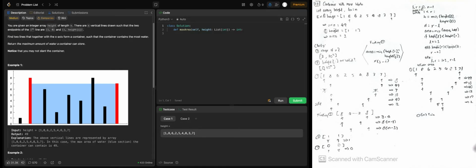Then here we move the right one to the left again, which gives us 40.